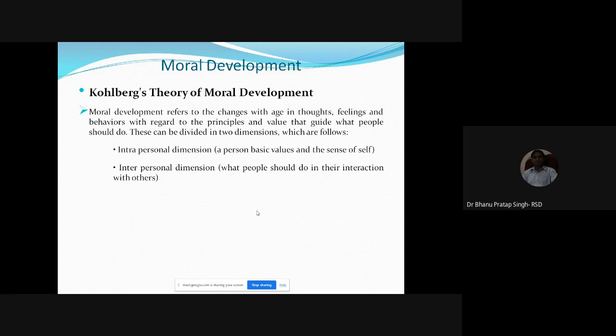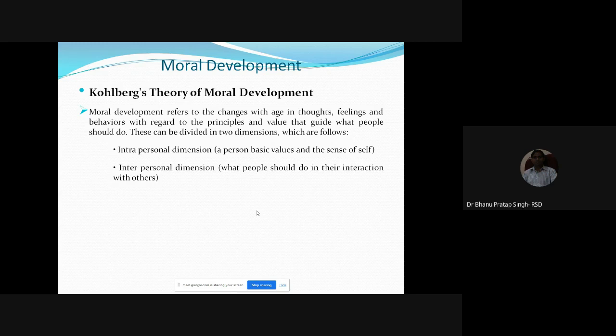One may be the intrapersonal dimension and the second may be the interpersonal dimension. As for intrapersonal, a person's basic values and sense of self. As per moral development, Kohlberg said that the role of teaching is to inculcate the values and guide the child.